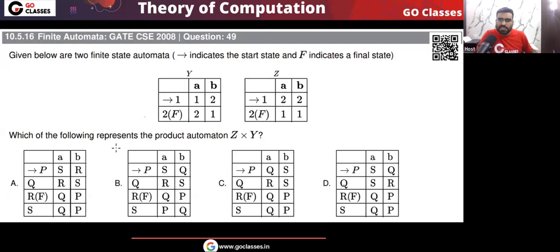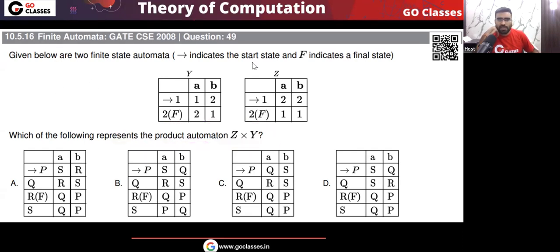Did they mention in this question whether we are creating product automata for union or intersection? Did you understand what I'm asking? Is it given in the question for which operation we are creating the product automata?